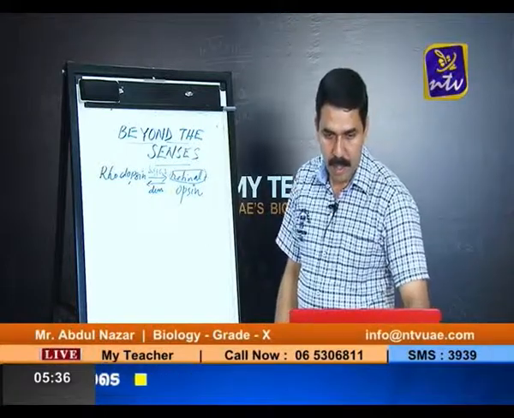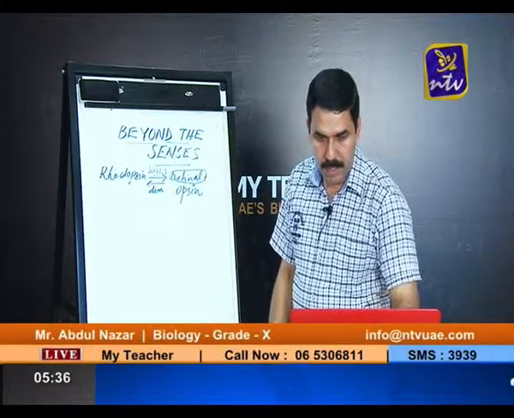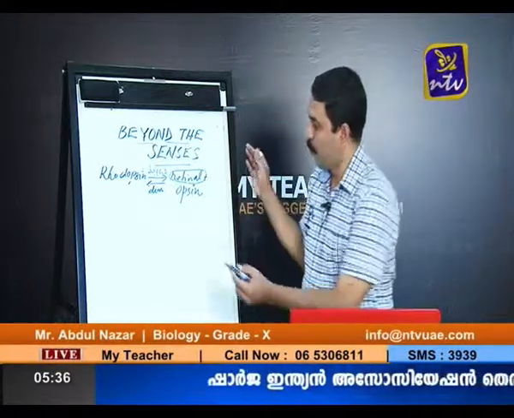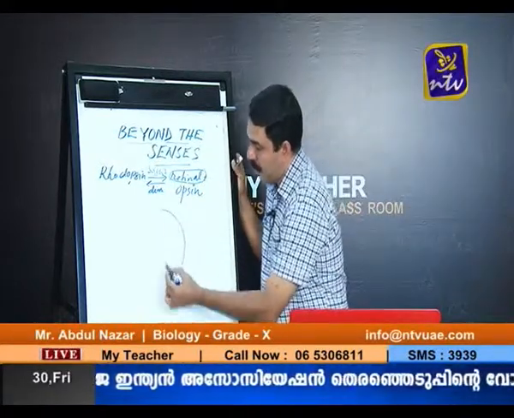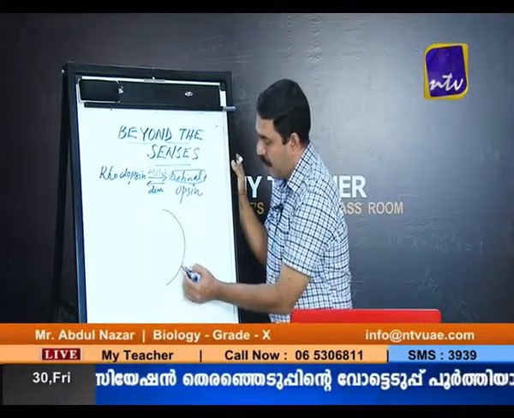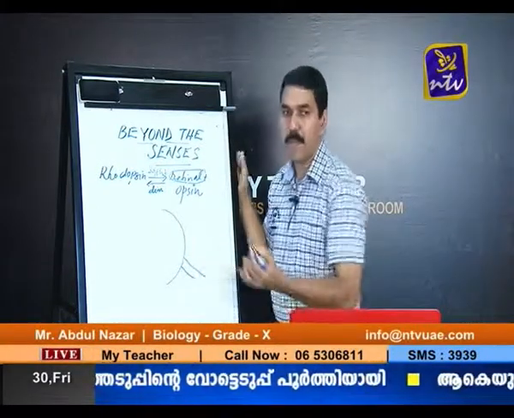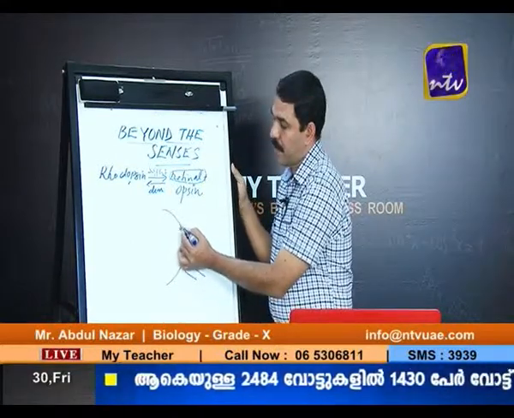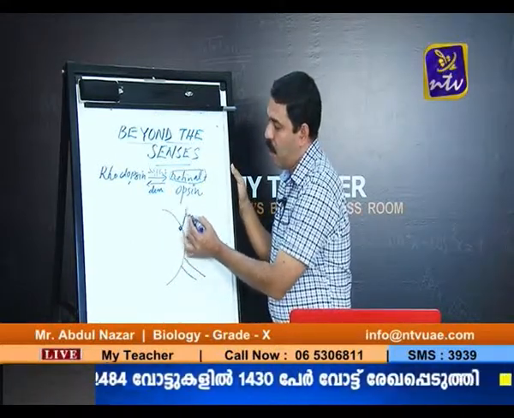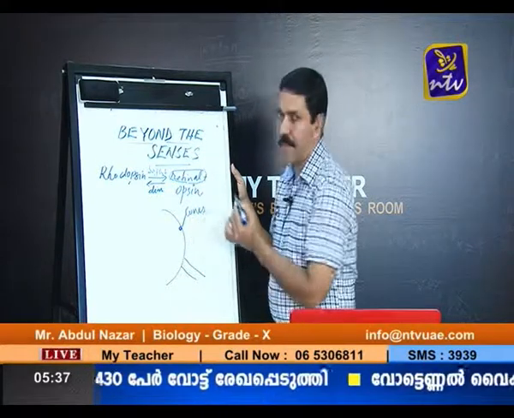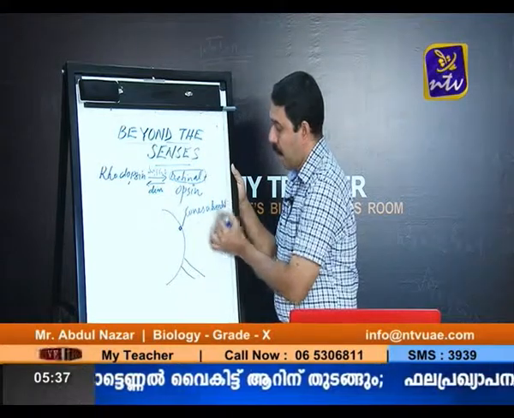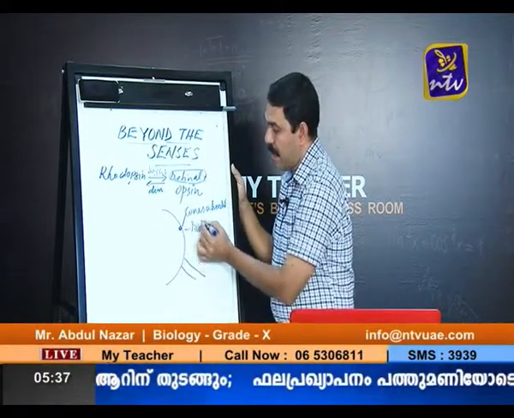Another point to remember is that there is a point on the retina. Suppose this is the retina, and here is the optic nerve originating from the retina. There is a point on the retina where cones are abundant, but rods are absent.